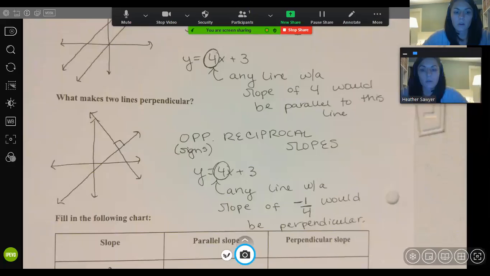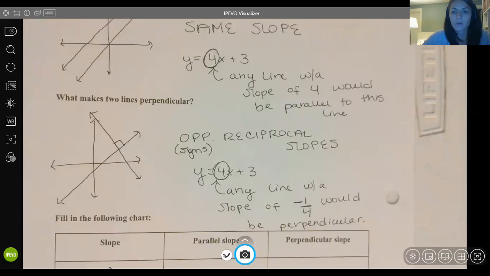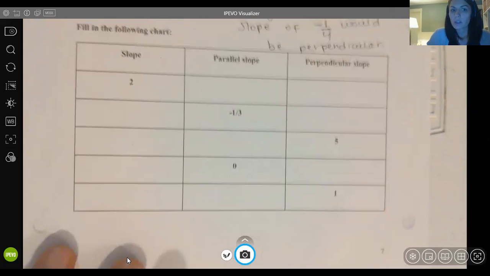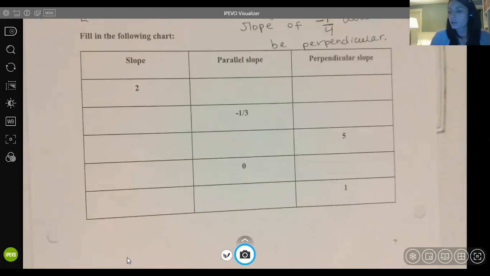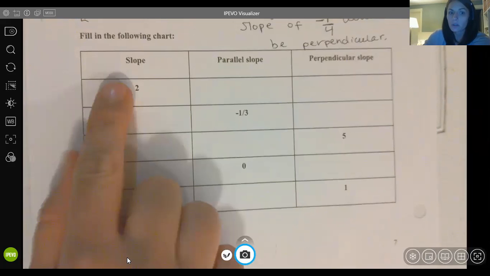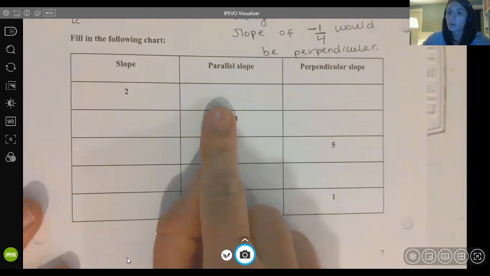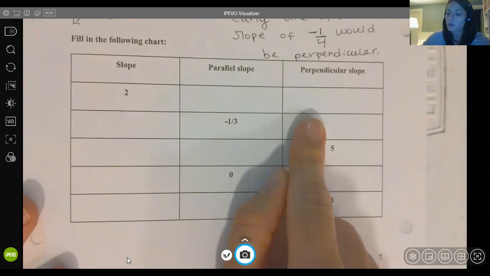Heading back to our notes page, I think my internet's slowing down, so I'm going to give it a minute to catch up. We have this table. Here's my original slope of 2. What would the slope of a line that's parallel to it be? And what would the slope of a line that's perpendicular to it be?